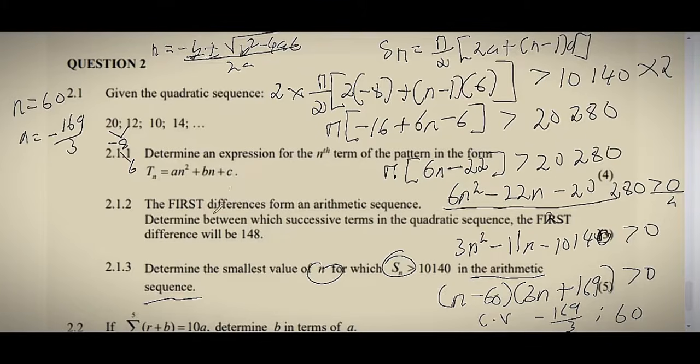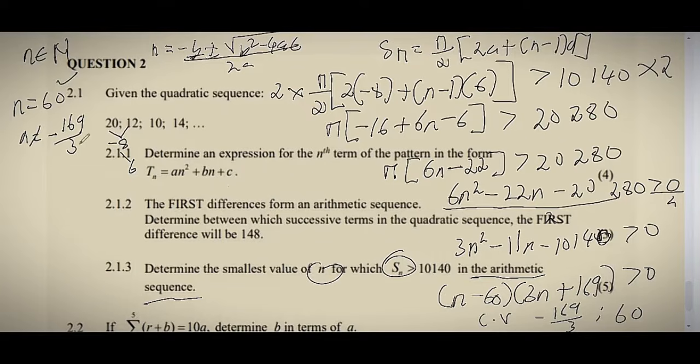But then they're looking for the smallest value of n for which Sn will be greater than that. Now, we know that this one will not be applicable because our n must always be an element of natural numbers. So this is not a natural number. The only value that we can consider is n is equal to 60. But we are not looking for a value whereby our sum will be equals to 10,140. We are looking for whereby our Sn will be greater than that.